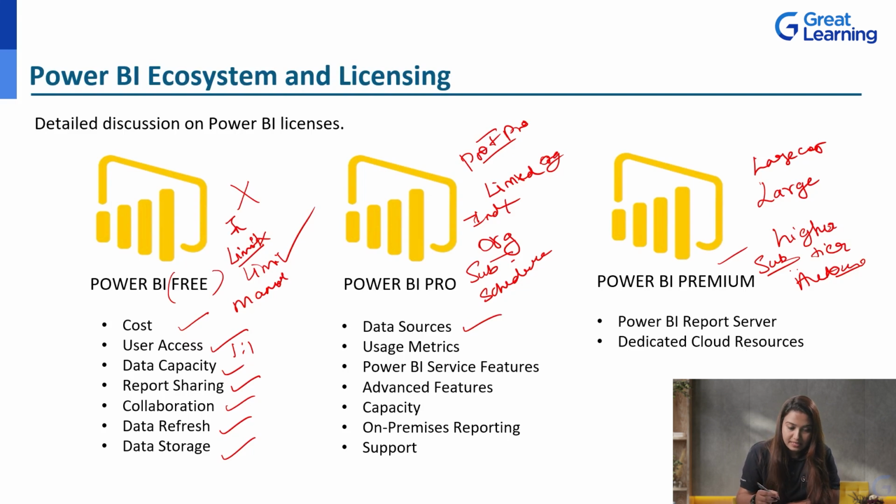That's it. When it comes to Pro, you have a wide range of data sources available. Then, when it comes to Premium, you have advanced data sources and for the large data sets. That's there. When it comes to usage metrics, you have limited usage metrics in Power BI for free. You have detailed usage metrics in Power BI Pro. You have advanced usage metrics and reporting in Power BI Premium. That's the difference you have.